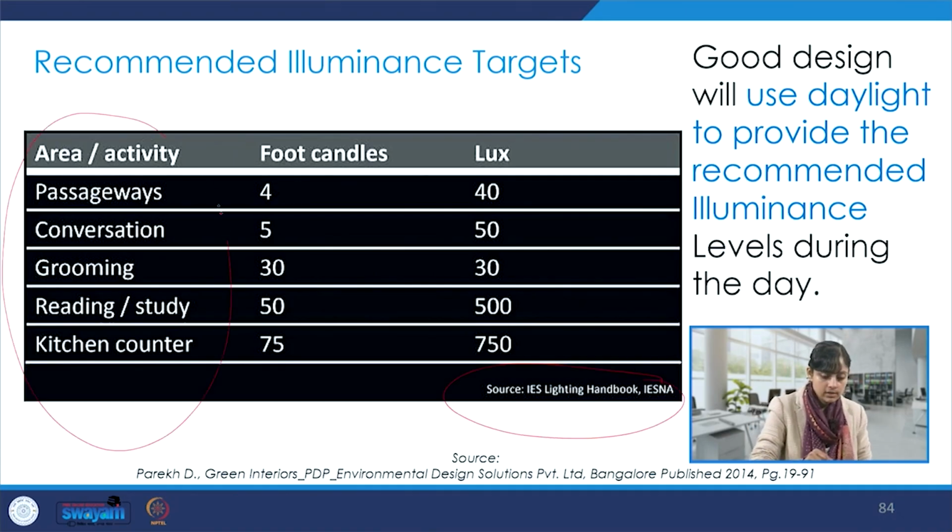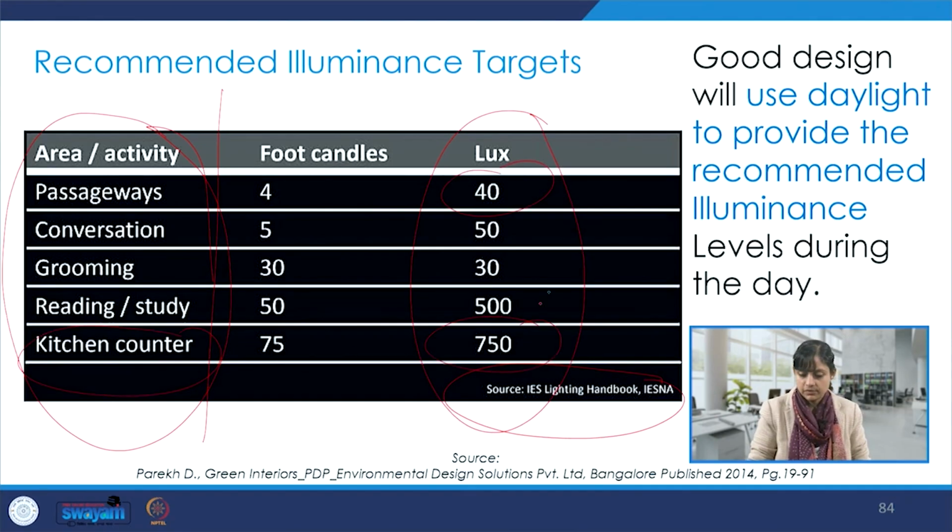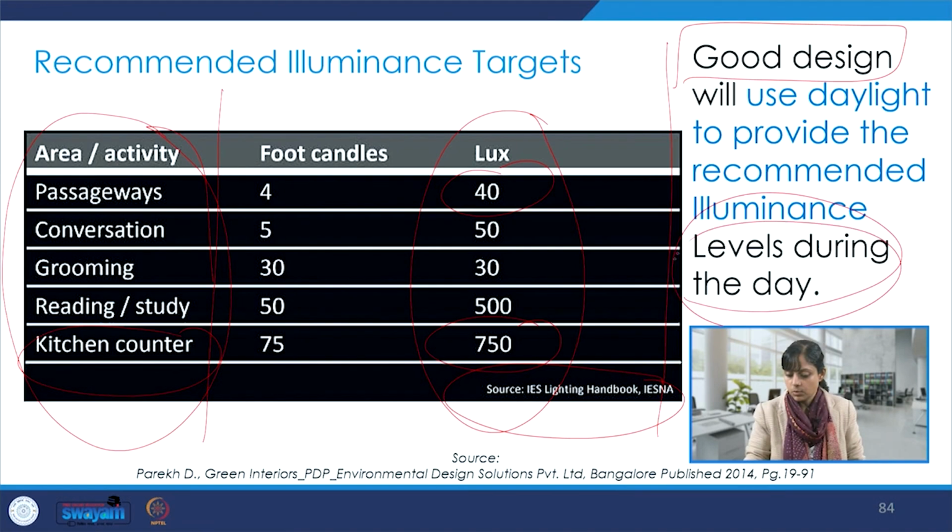So for areas and activities listed over here, such as passageways which require lux levels of 40, to kitchen counter which could require up to 750. There are some standards already in place after a lot of research and validation which has been done. So good design will use daylight to provide the recommended illuminance levels during the day. That's very important if we can utilize this to the maximum possible.